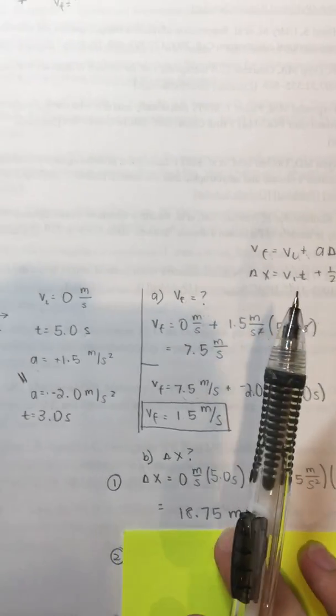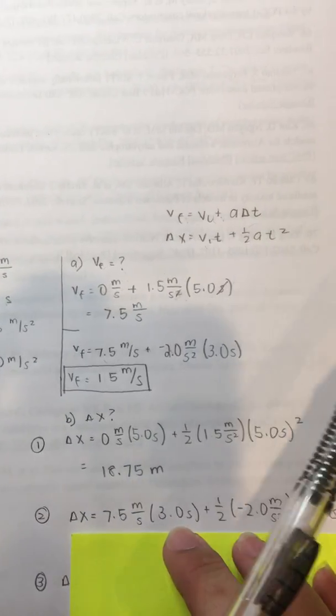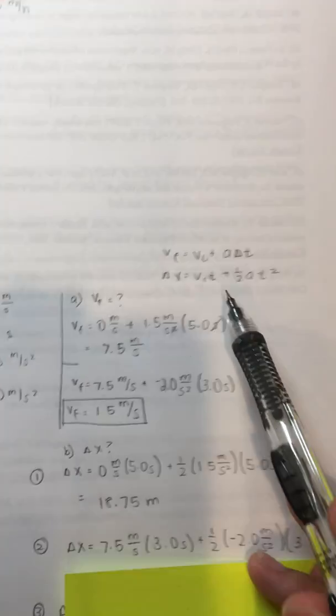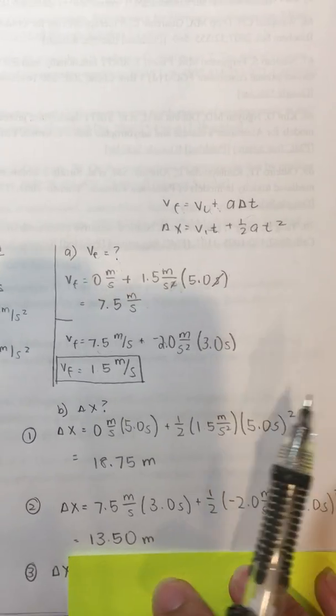And now we need to solve how far the car went when it was applying the brakes. So the change in x would be, you plug the numbers in for this section into this equation to get 13.50 meters.